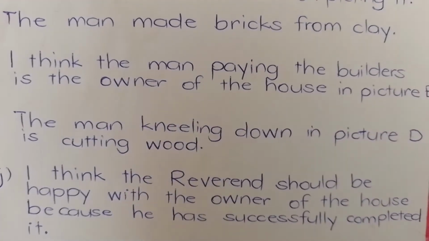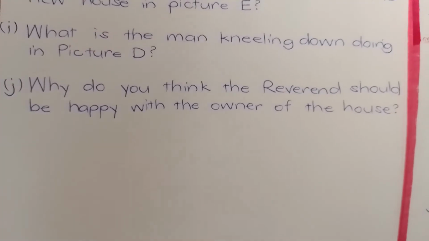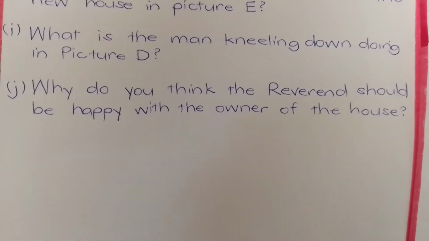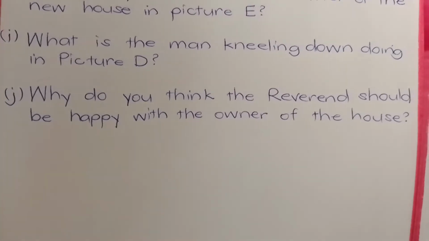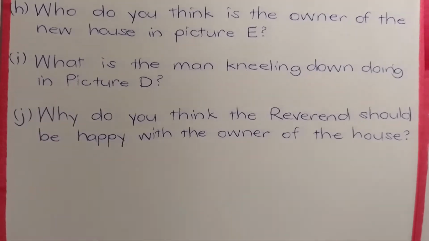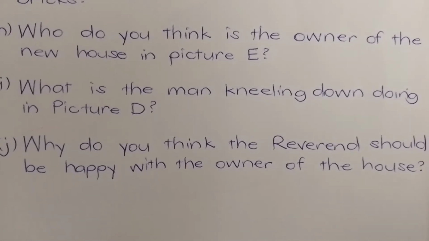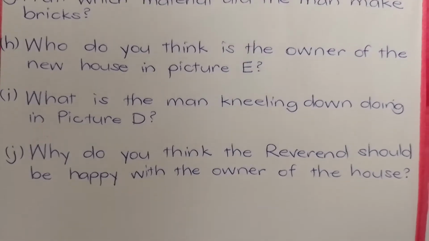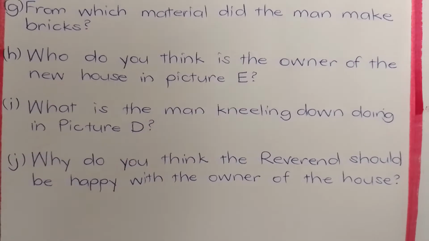Final question is, why do you think the reverend should be happy with the owner of the house? Questions which have the keyword think require your opinion, so you bring out your answer in your own opinion. And like I said, we begin our answer with I think. So we shall come up with the answer like this.